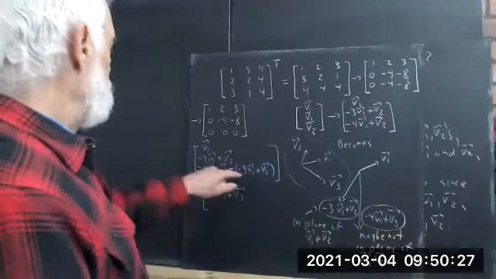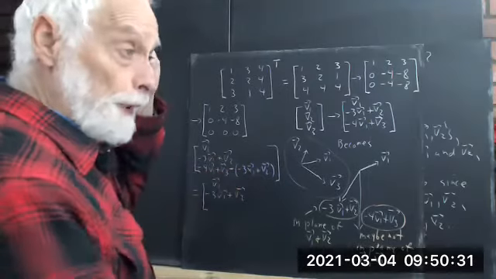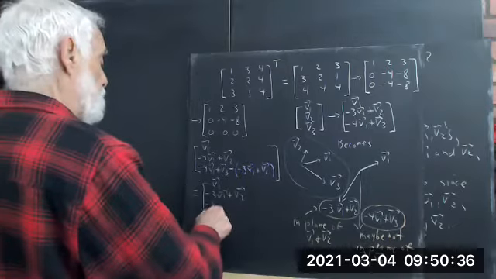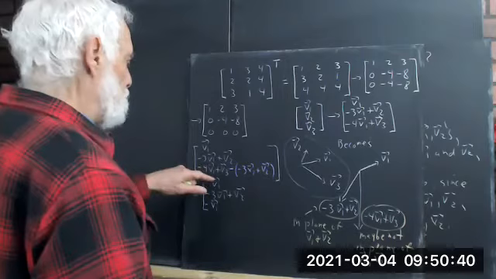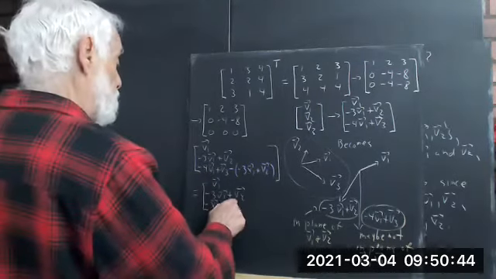Well, on V1, we're going to have -4 V1 minus -3 V1. That's -4 V1 plus 3 V1, so that's -V1. And then we have just plain old minus V2, because we don't have any V2s here.